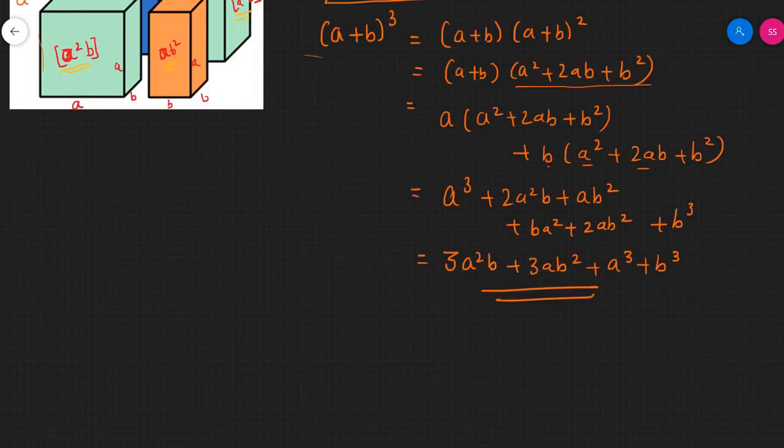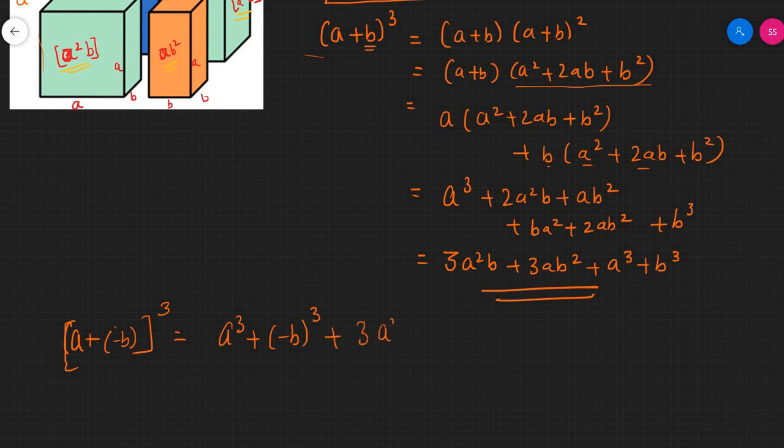If you would like to derive a minus b the whole cube, all you need to do is substitute minus b in this equation and see what happens. So instead of b you put minus b, and the whole cube would be a cube plus minus b the whole cube plus 3a squared into minus b plus 3a into minus b the whole square.